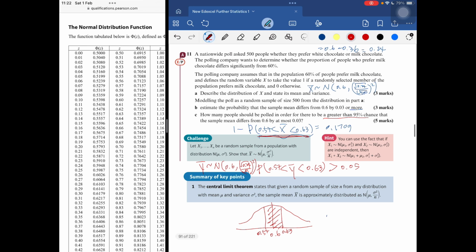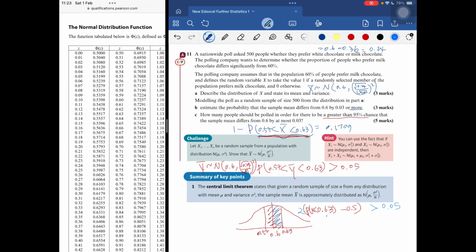So let me express this a little bit differently. Like the probability that y bar is smaller than 0.63, minus 0.5, means here, right? Because this is the mean. So when I multiply them together, this will be larger than 0.05. So this is what I think.